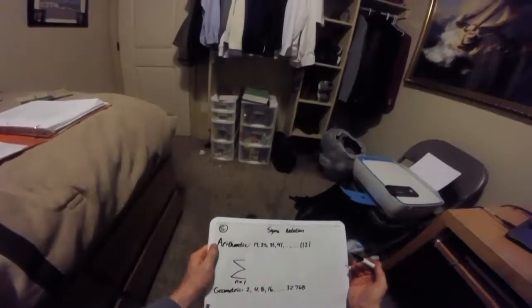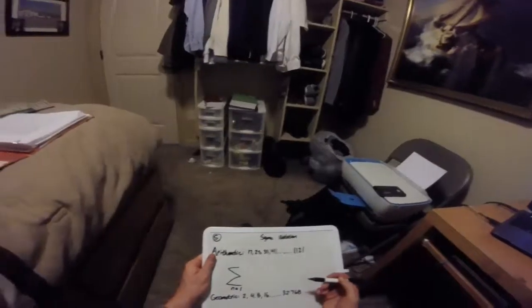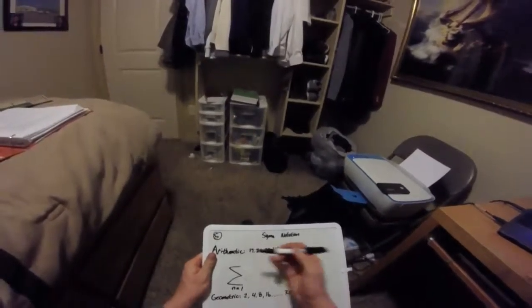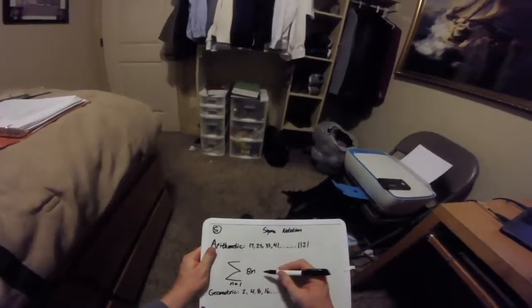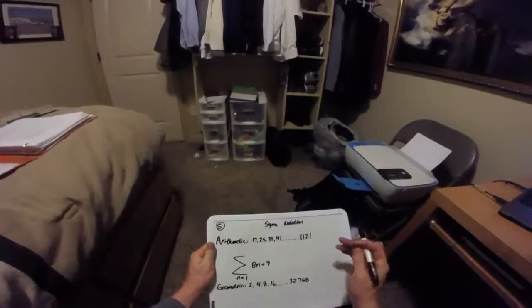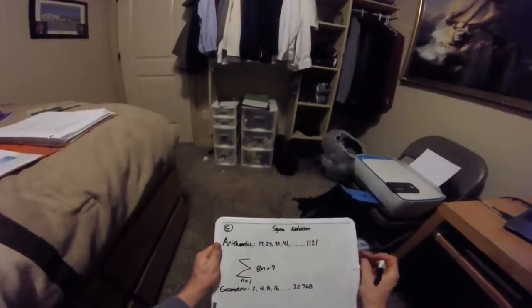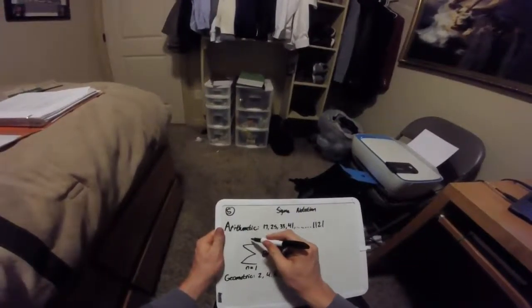The expression to the right of the sigma notation is the nth term. In this case, it's what we found out before, plus 8, so it's 8n plus 9.